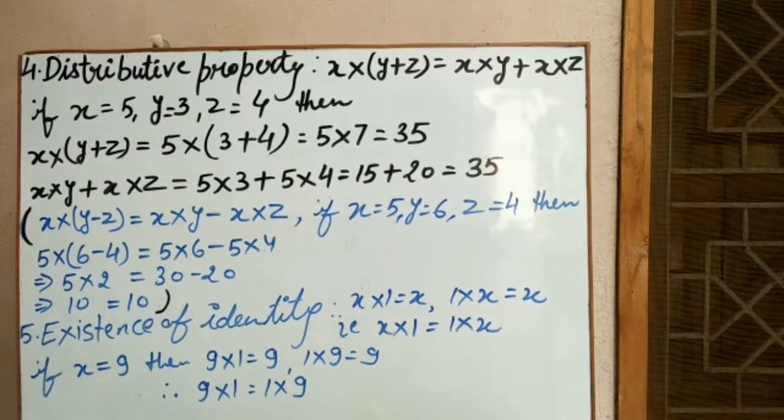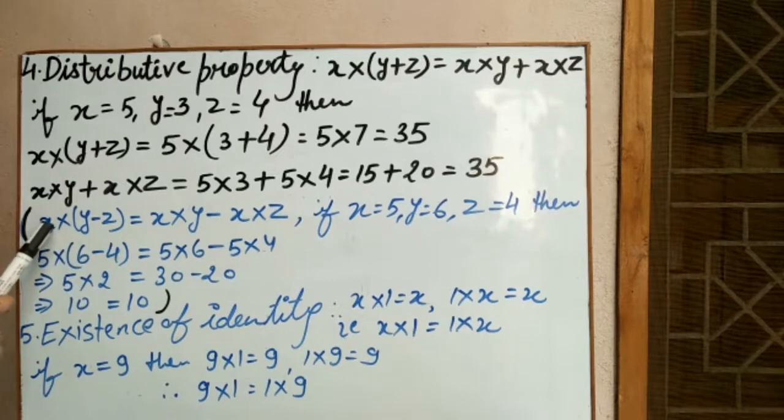In other words, we can say that the multiplication of whole numbers is distributive over their addition. And one more thing, the multiplication of whole numbers is distributive over their subtraction also.